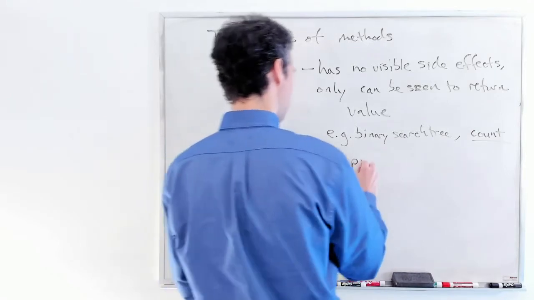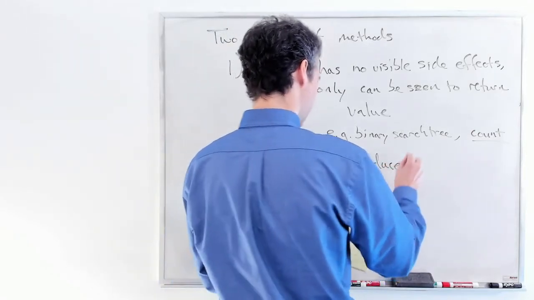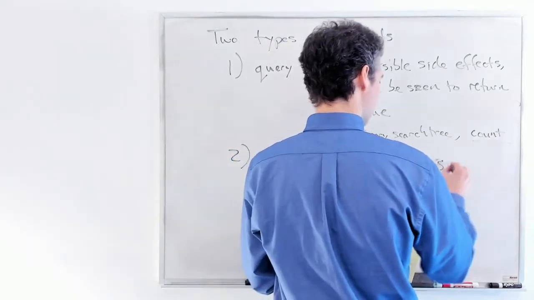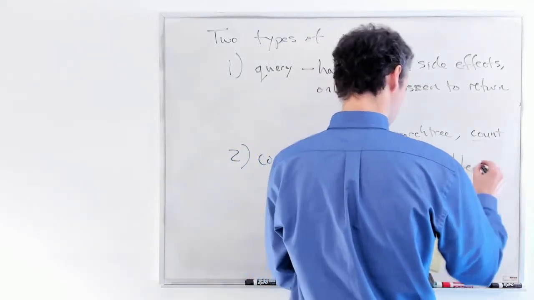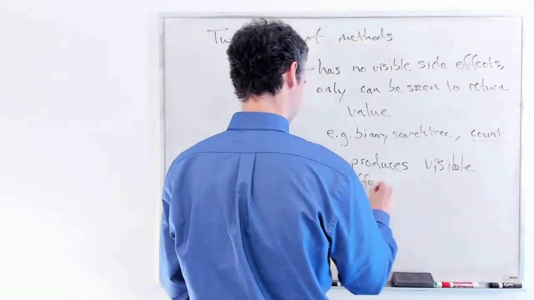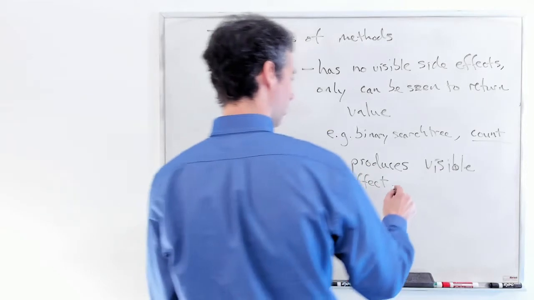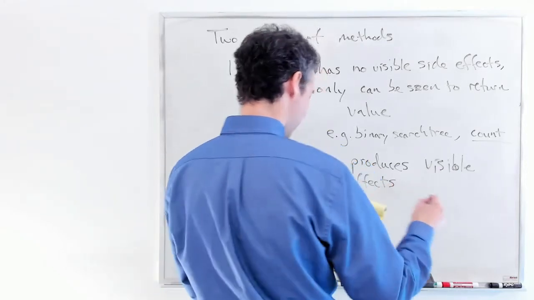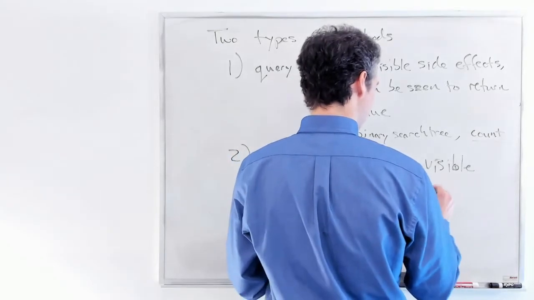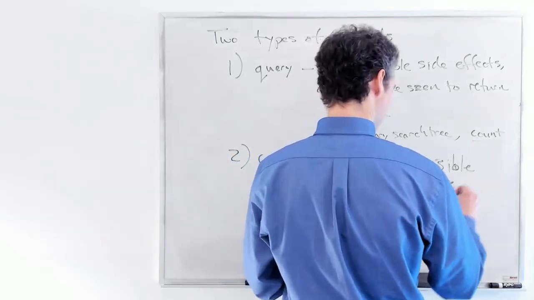The reason you're giving it these commands is that it produces some sort of visible side effect. Or visible side effects could be multiple, and let's just be honest, a command method can return a value.